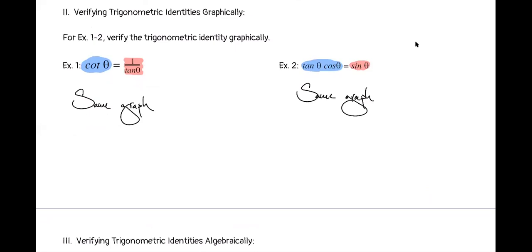You can if you want to, but all I did was type in the left-hand side, type in the right-hand side, and I saw that they were the same graph. So that's our way of verifying the trig identity graphically, okay? It's actually a nice way. I know there are some of you out there who are always asking what's another way I can check my work just to make sure it's correct? This is a great way to check your work, right? If you get lost in the algebra, sometimes just knowing that the pictures are the same can help you move forward, okay?